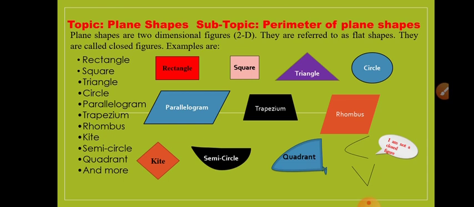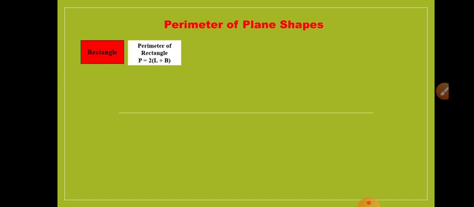Now we are moving to the perimeter. How can we find the perimeter of the following shapes? Perimeter of plane shapes. The first one we are going to talk about is rectangle. That's the perimeter of rectangle.